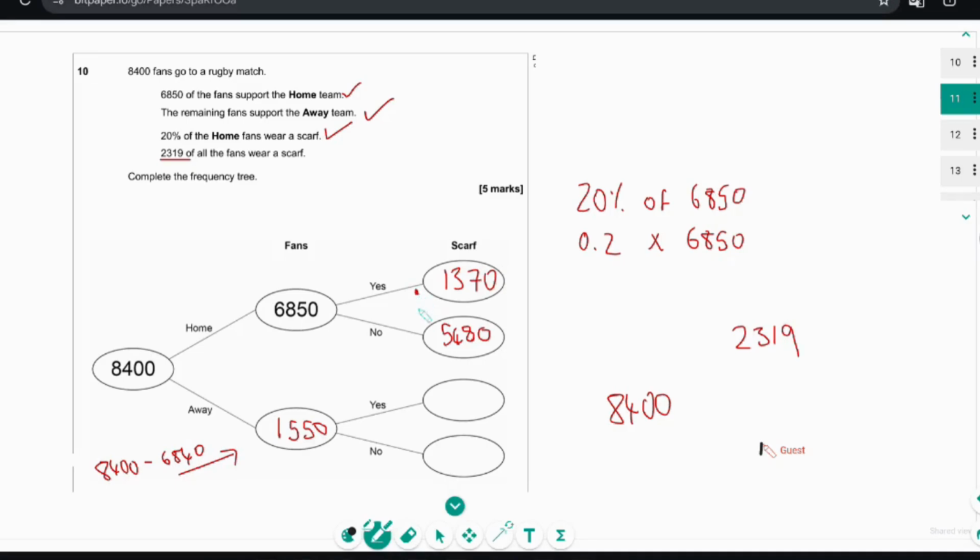So these two must add up to give 2,319. So let's take off 1,370. So 2,319 minus 1,370 is 949. So we've got 949 here. And then take that value off 1,550, 601.